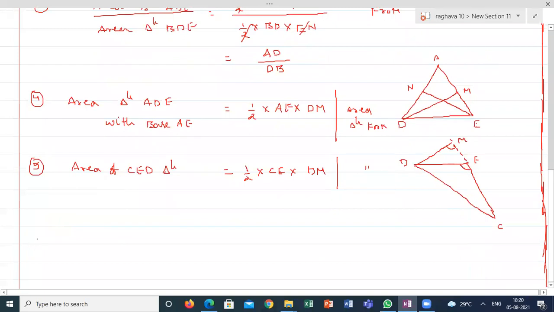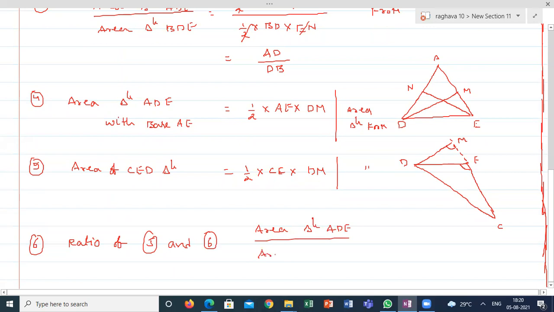Yes, sir. Sixth point, I am taking the ratio of 5 and 6. What will I get if I take the ratio of 5 and 6? Area of triangle ADE divided by area of triangle CED.